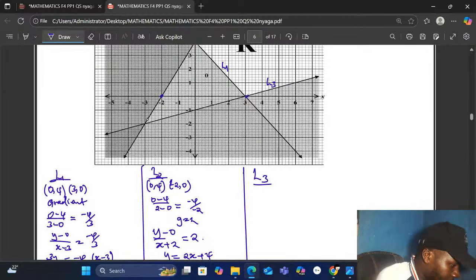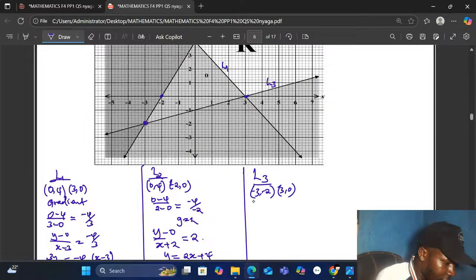We can take this as our first one, 3, 0. Then we can also take this point here, which is negative 3, negative 2. So we have negative 3, negative 2, and 3, 0.